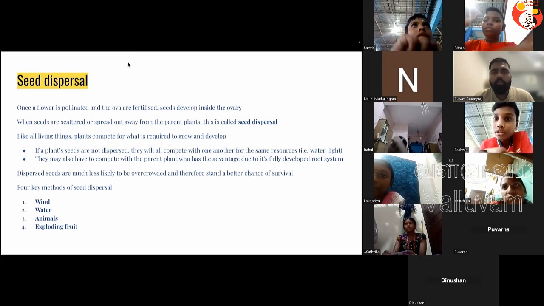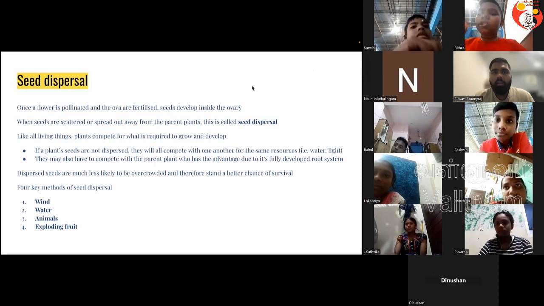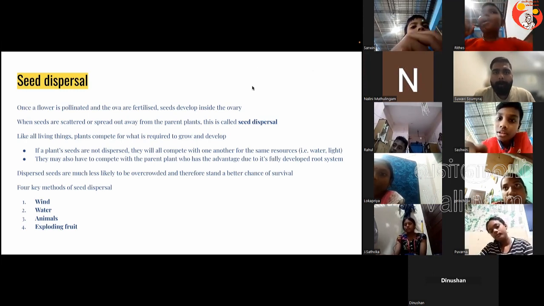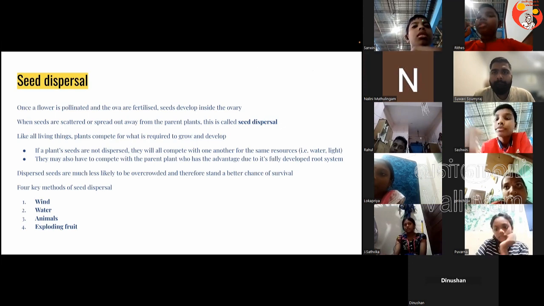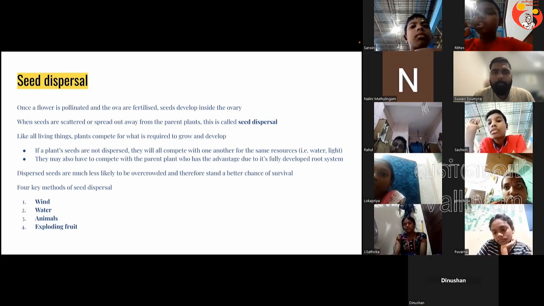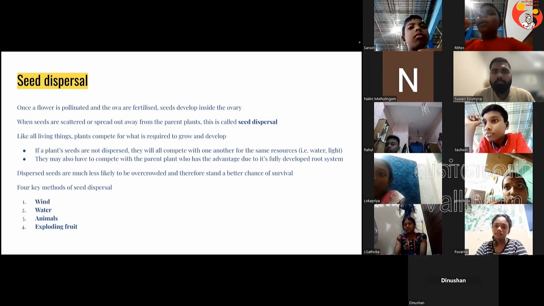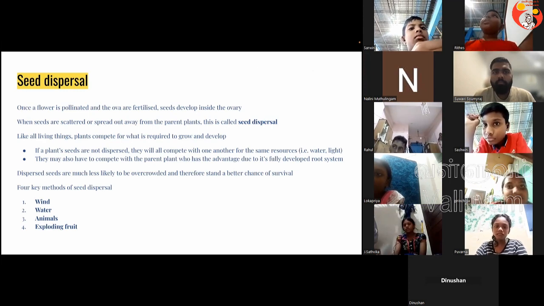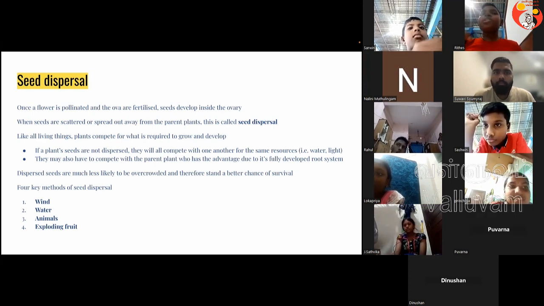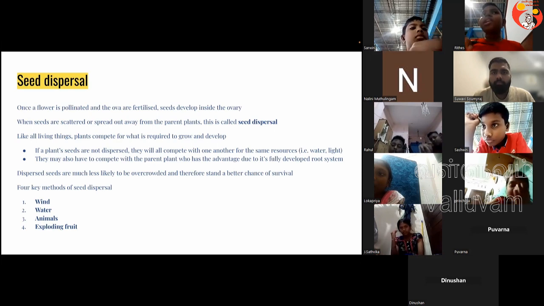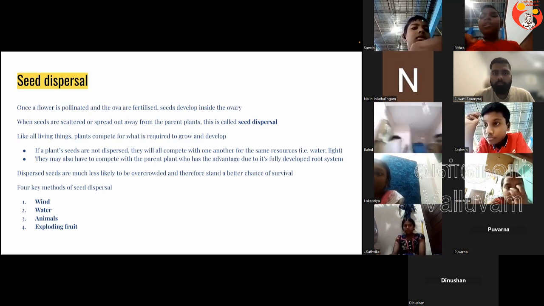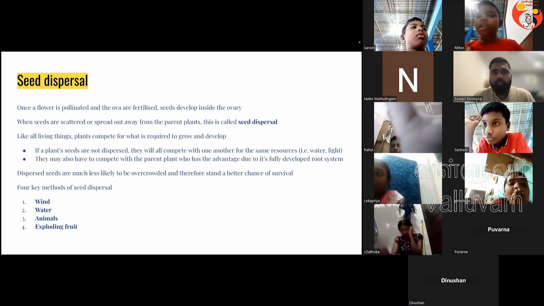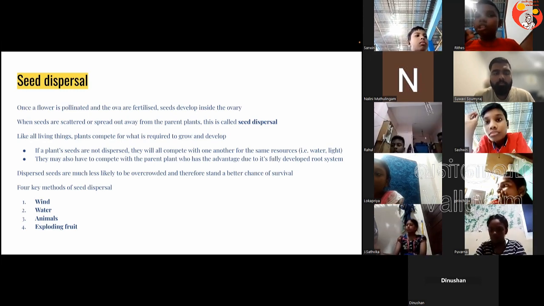It's because if the parent plant and the small plant were in the same place, the parent plant consumes all the minerals and water from the soil, but the seedlings couldn't.